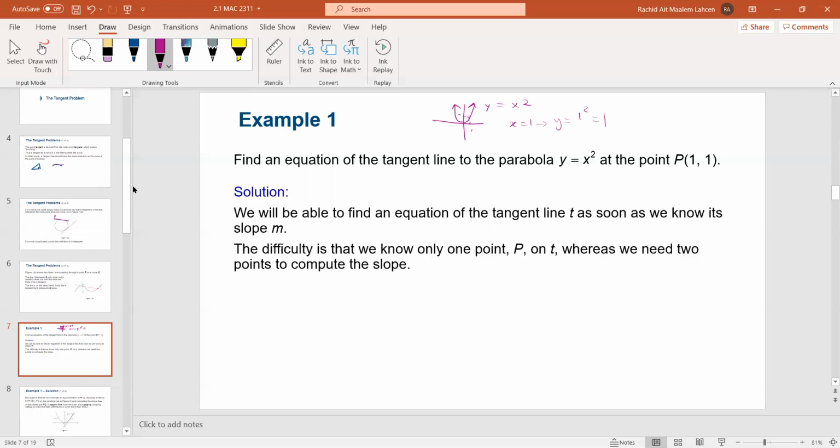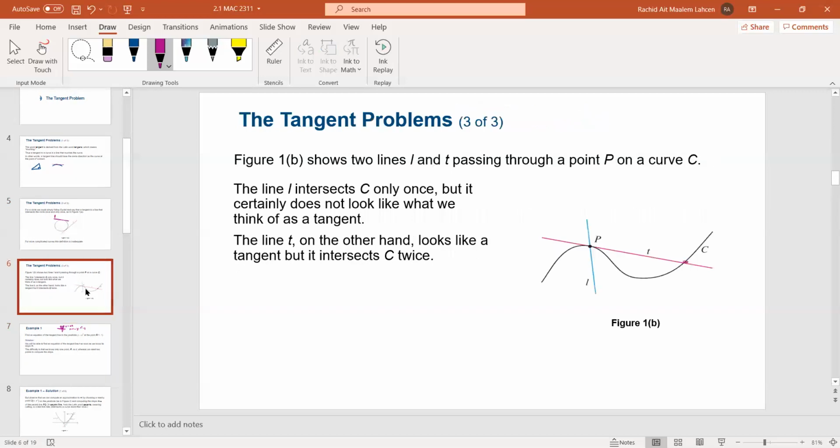We will be able to find this equation as soon as we know the slope, right? Because the tangent is going to be a line. The difficulty, of course, is we know only the point P, which is (1, 1), on this line T.